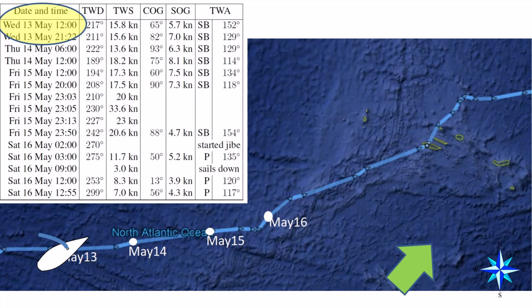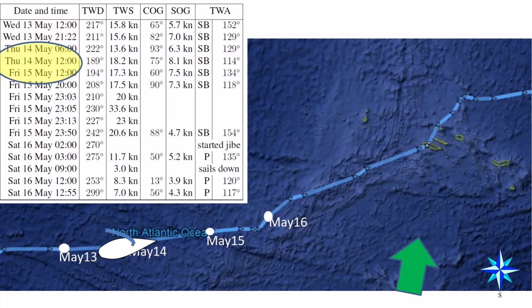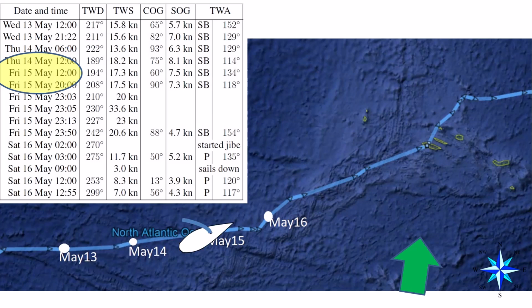We sail for 24 hours, and now it's noon position, May 14th. See, the wind speed has picked up a bit. And we are sailing in an easterly direction. The day after, 24 hours after, we're still sailing in a fresh breeze, mostly southerly winds, and we're plowing along 7.5 knots here.